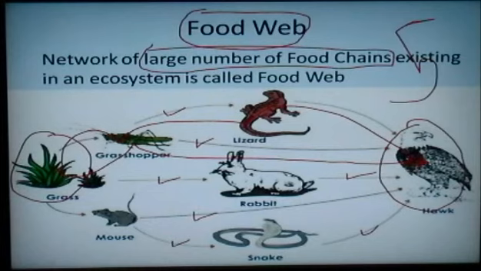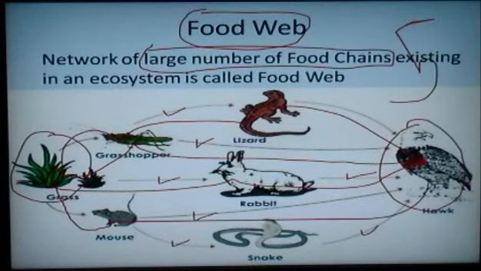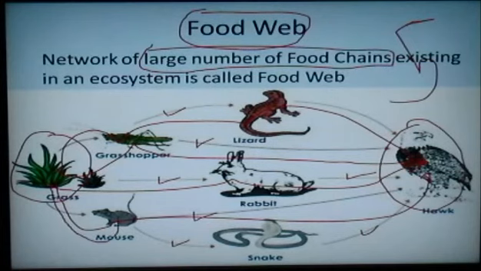In the third food chain, grass is eaten by the rabbit, and then rabbit is eaten by the hawk. In the fourth food chain, grass is eaten by the mouse, and then mouse is eaten by the hawk. And in the last and the fifth food chain, grass is eaten by the mouse, and then mouse is eaten by the snake, and then snake in turn is eaten by the hawk.